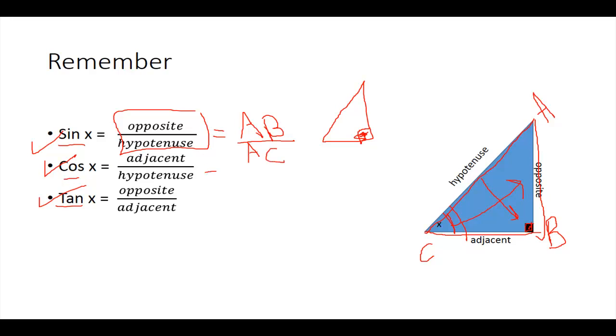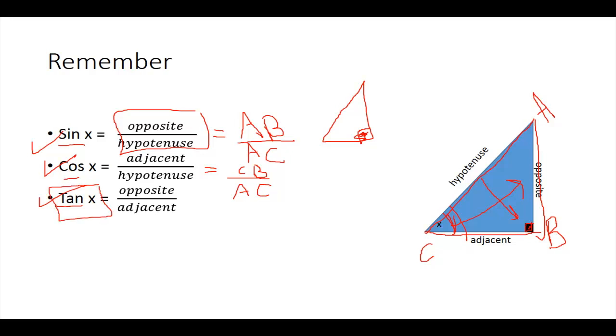The next one is called cosine x, which is adjacent over hypotenuse. The adjacent side is CB and the hypotenuse is AC, so cosine x equals CB over AC. Finally tan x.